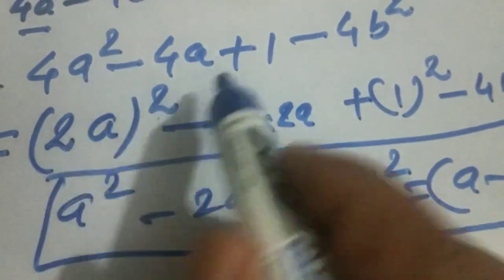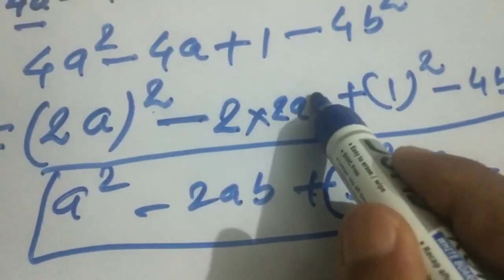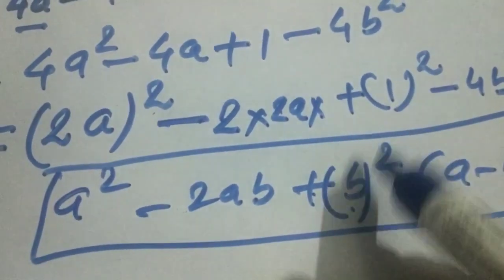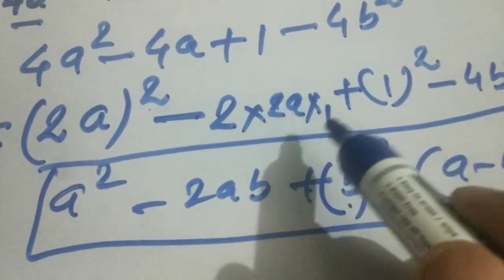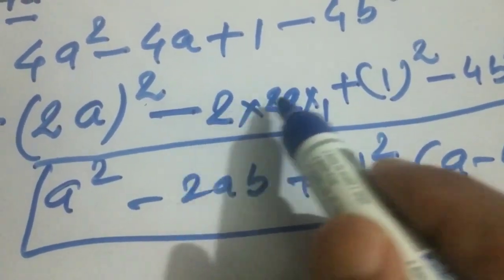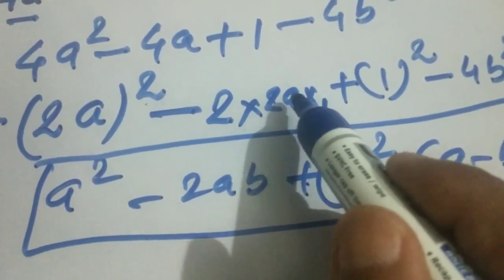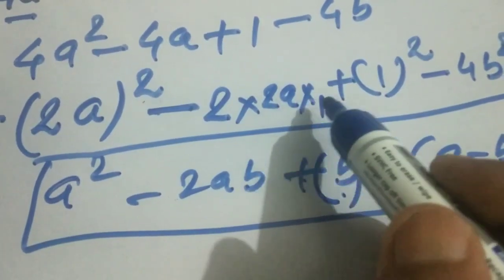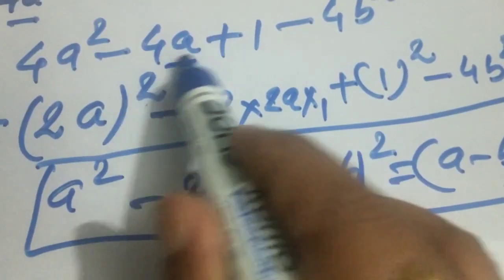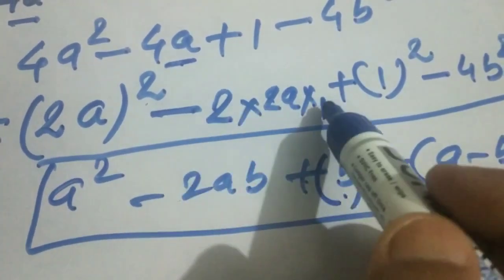You have to make it a perfect square. And here at the place of b there is 1, so write here 1. When we multiply these three terms, 2 multiplied by 2 will be 4, 4 multiplied by a will be 4a, and multiplied by 1 will be 4a itself. So we have got this term by multiplying this.